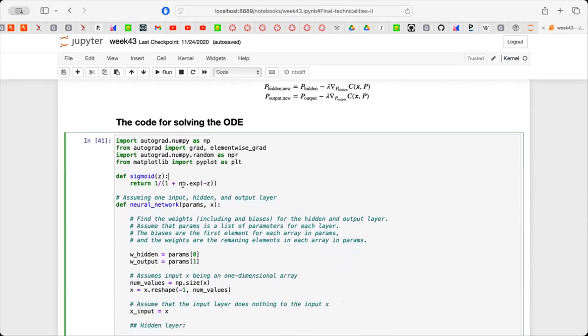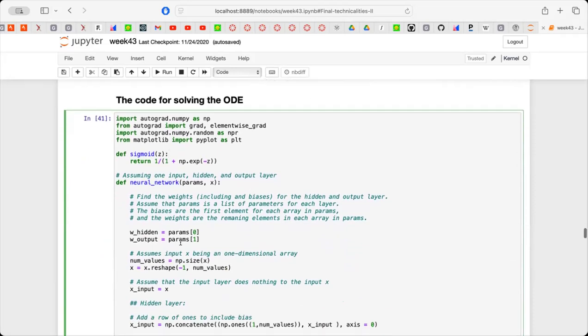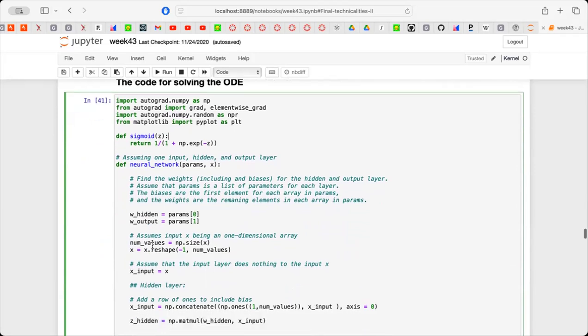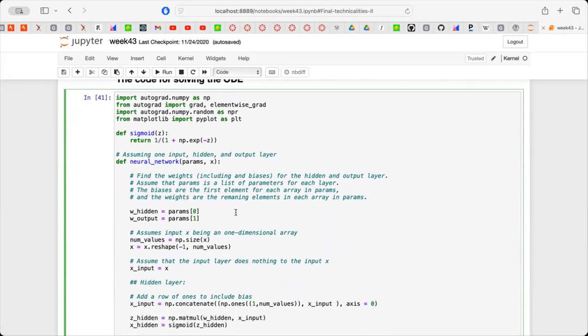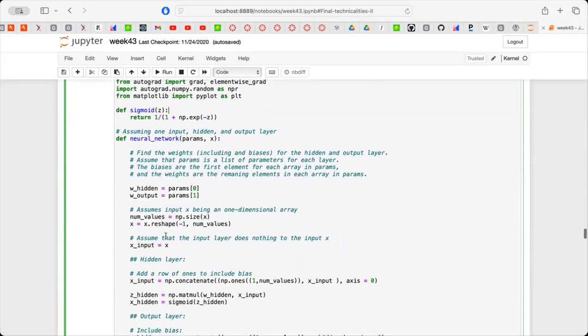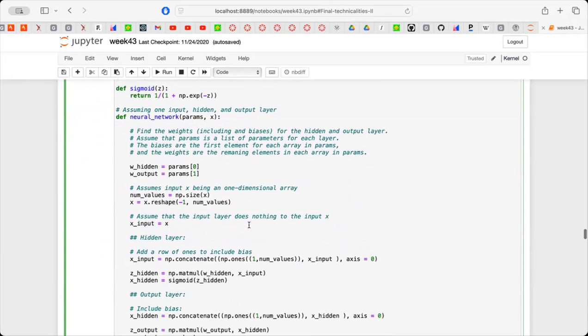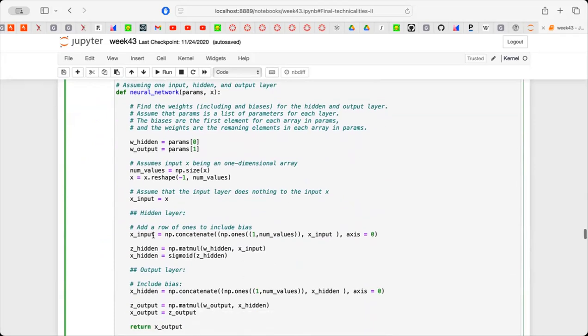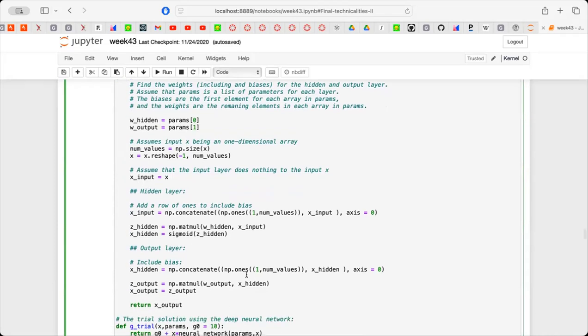So the code here is actually pretty straightforward and simple. So you see I have a sigmoid here. I'm setting up the hidden weights and the hidden outputs. I'm setting up their biases a little bit down here. I am reshaping my x here, which is now given by the number of input values. And I assume that the input layer does nothing to the input. And I'm now adding a row of ones to include the bias. I'm setting up the hidden input to the sigmoid function.